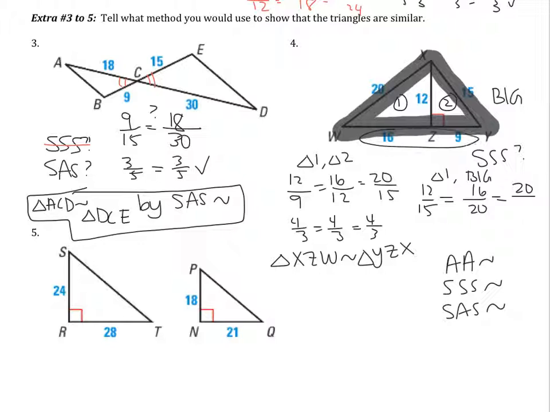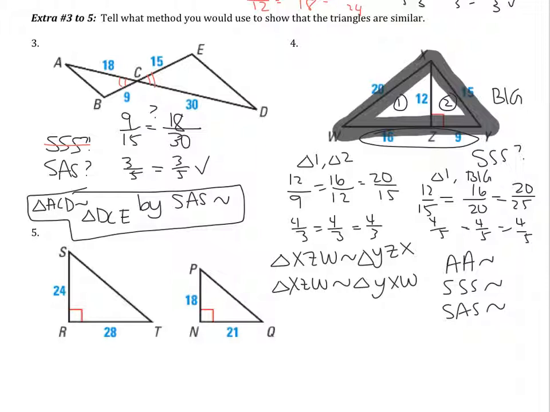And this is going to be my largest side right here, which is going to be 25. Now, this simplifies to 4 over 5, 4 over 5, and 4 over 5. So I also know that triangle 1, my triangle XZW, is going to be similar to the big triangle. So when I wrote XZW, that went small, medium, large side. So for the big triangle, that would be YXW.